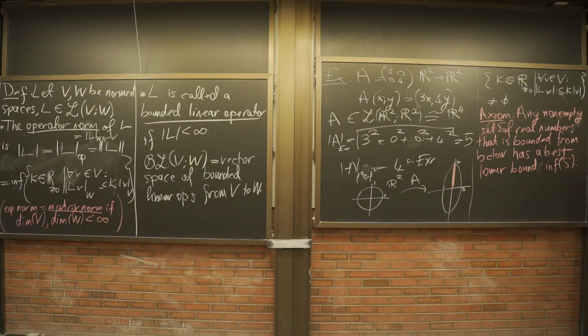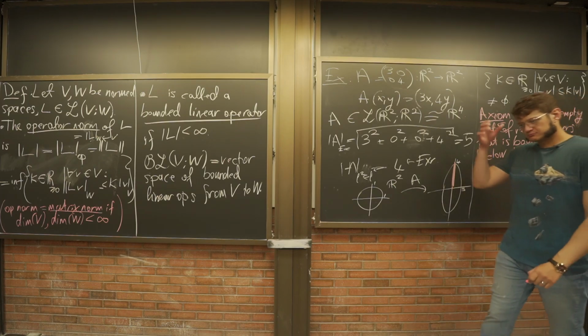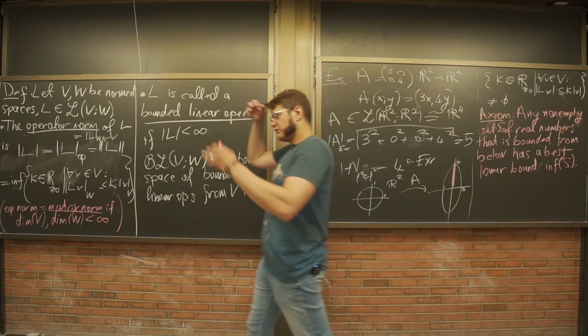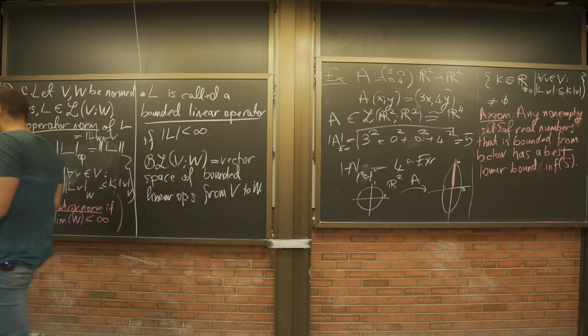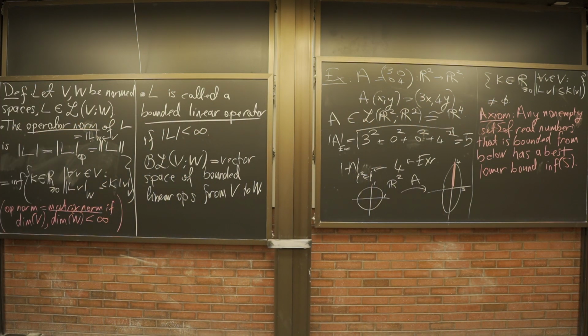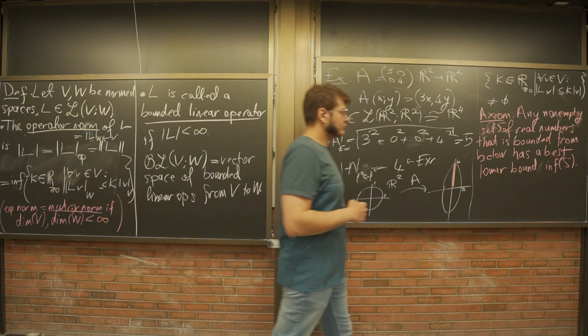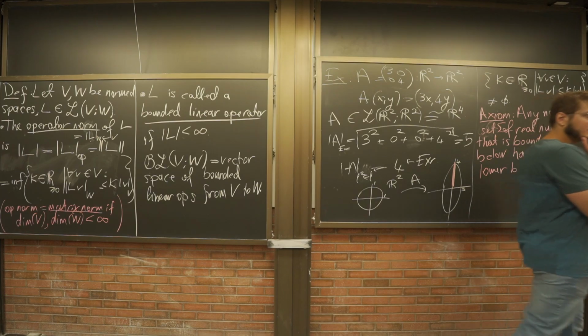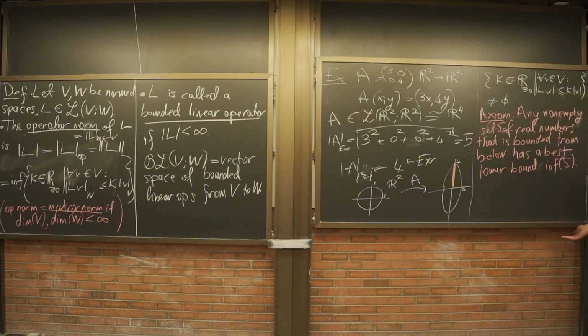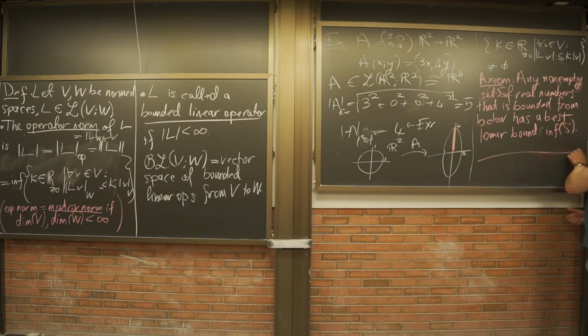Now, what do I mean by best lower bound? Well, if you have a non-empty set that is bounded from below, the collection of all lower bounds for the set is a non-empty set. So here's how I think of it. Let's say that this is my set. There's a bunch of things here.